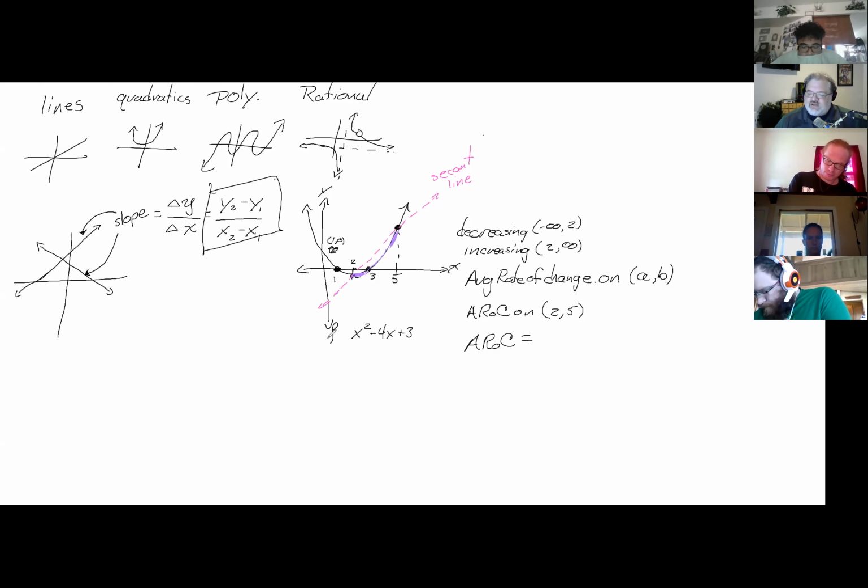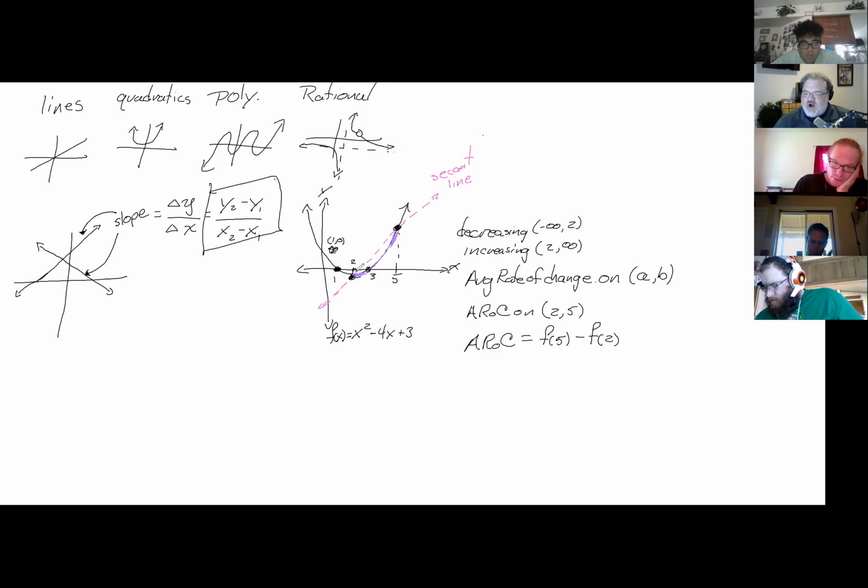Well, luckily, down here, we have our function. How do we turn these x values into y values? That's what this function is supposed to do. So if we wanted to know the y value down here and the y value up there, if we take that function f and plug in the 5, f of 5, that's going to give us the y value when x is 5, minus f at 2.